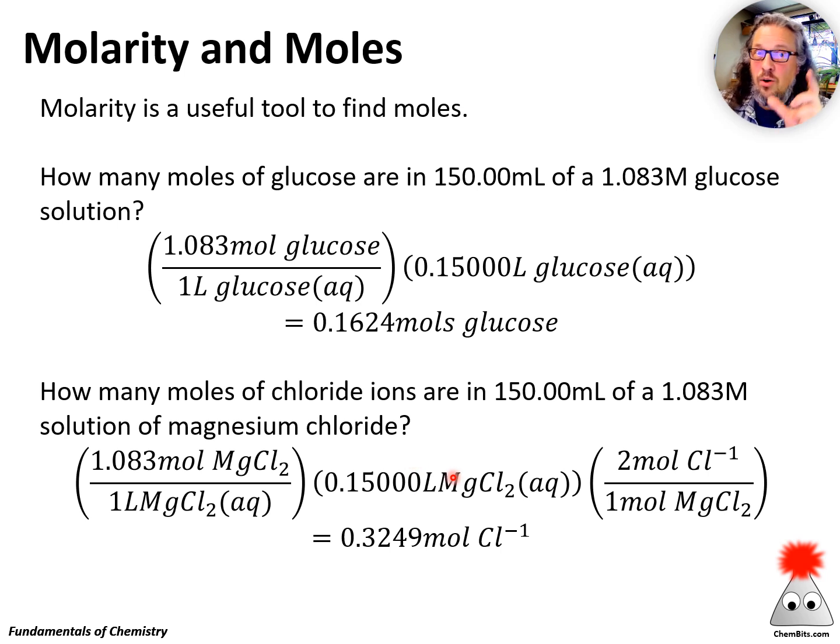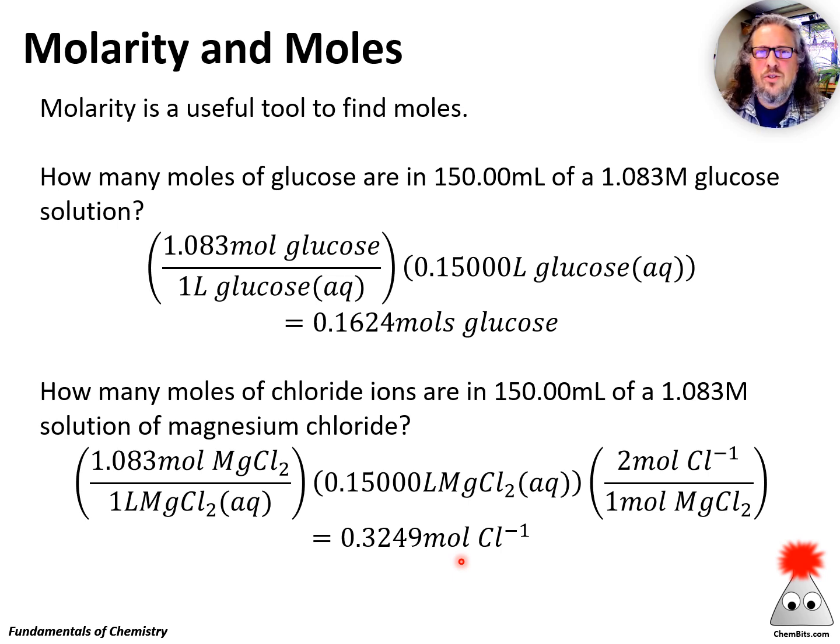But as an ionic compound, we need to add one extra step. For every mole of magnesium chloride, I've got 2 moles of chloride ions. So I factor in that 1:2 ratio, and I get 0.3249 moles of chloride ions. So that gets us moles out of molarity.